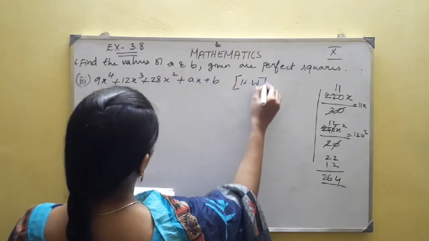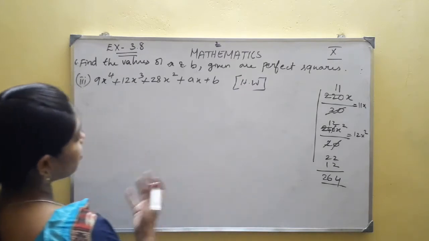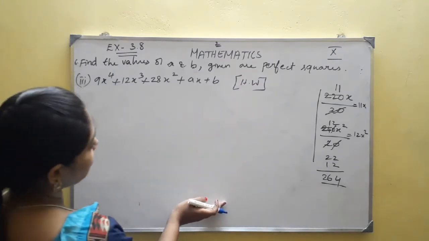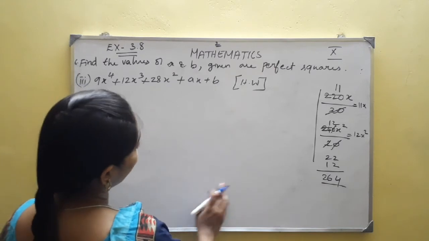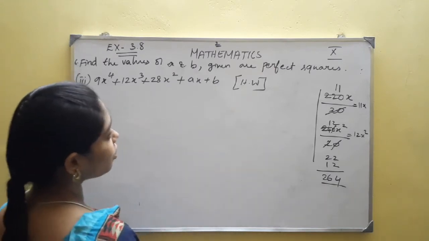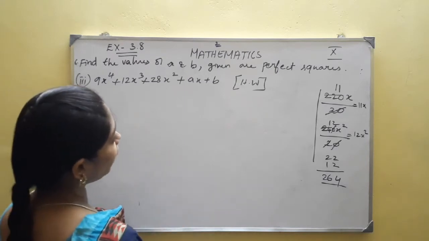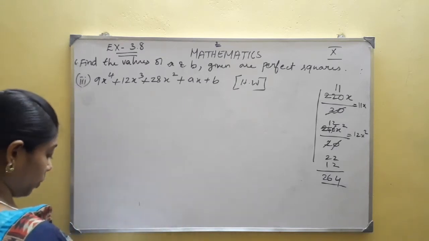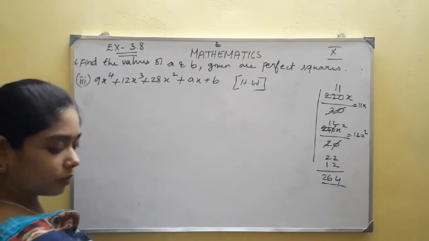Try to find the value of a and b. Again they mentioned this is a perfect square. So in the final step of this problem, just write the remainder to be 0 and find what values of a and b make the remainder equal to 0.